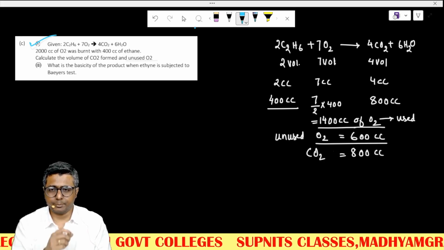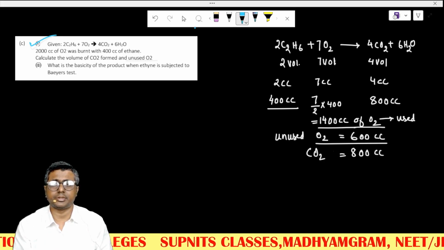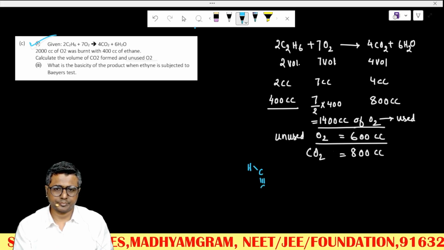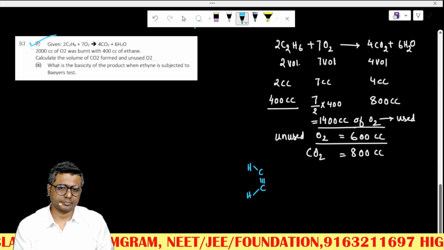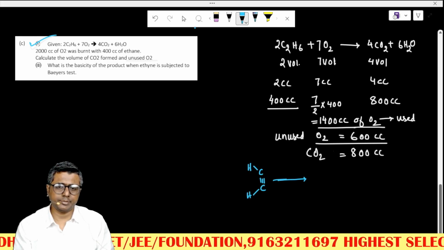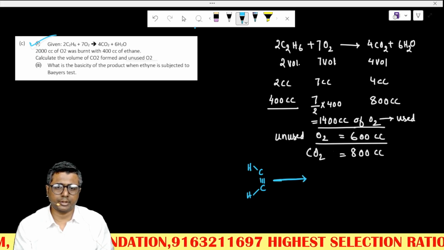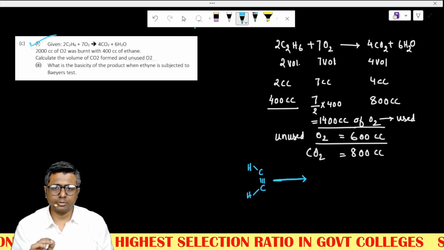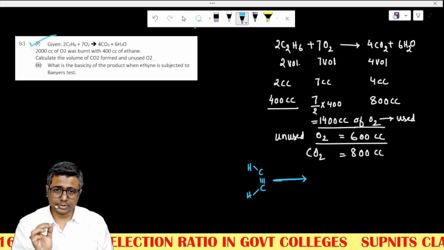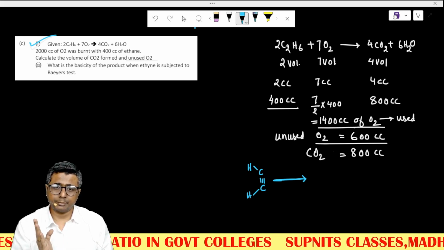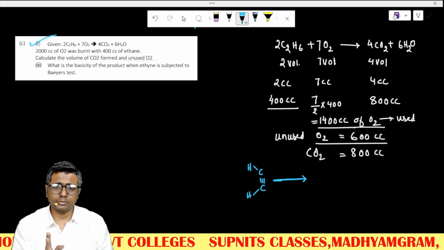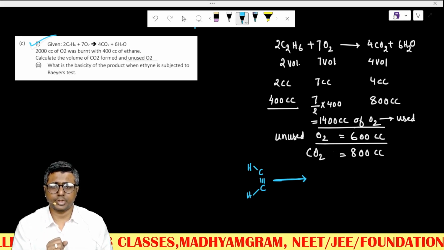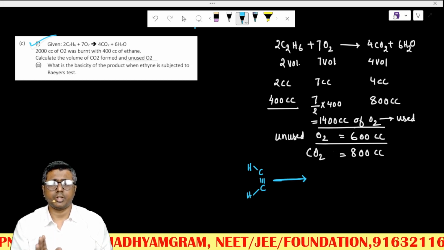What is the basicity of the product when ethyne is subjected to Baeyer's test? See, this is ethyne. Many times in our regular practice sheets, we have been discussing how to write organic reactions and the structures of compounds, and many times I have told you: whenever you do organic reactions, draw structural formulas at this stage of your educational career, and don't go for C2H2.